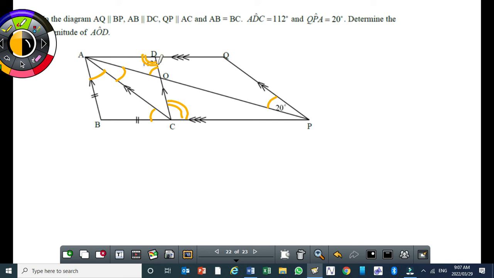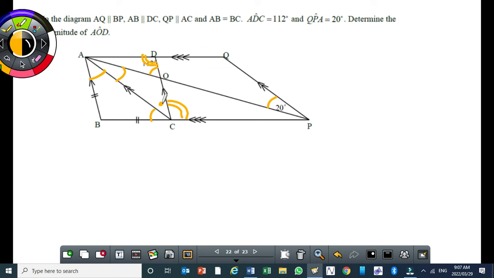Well, let's see. Okay, I think I found the way to go. Let me calculate this angle. I can calculate using angles on a straight line.